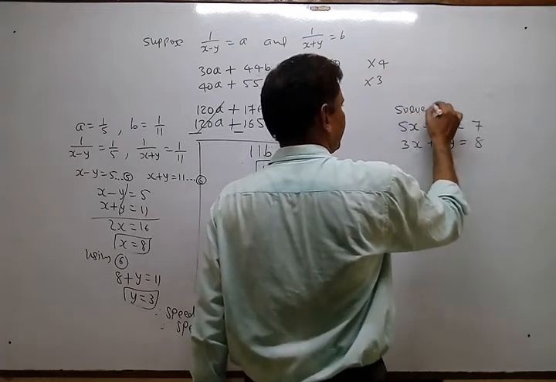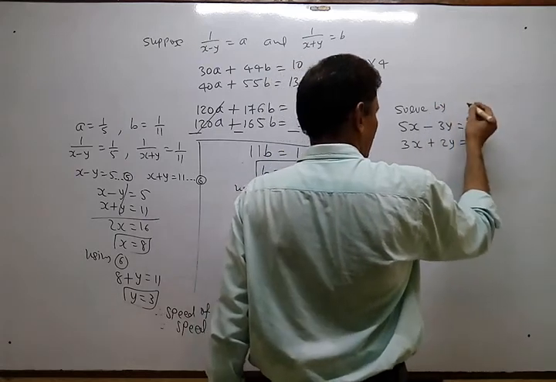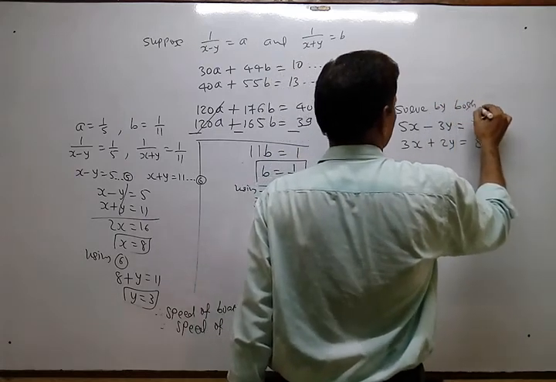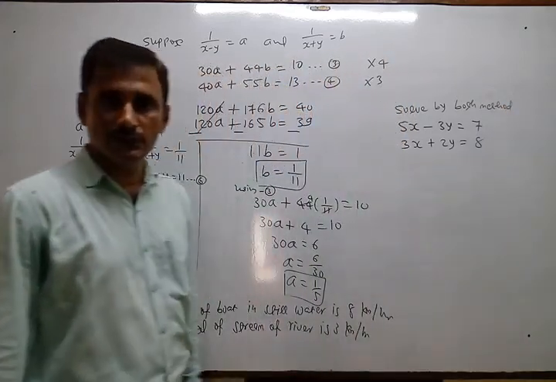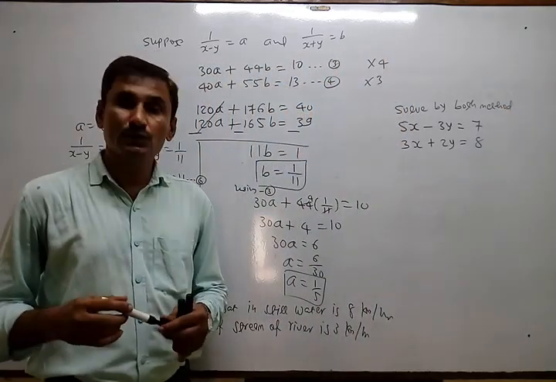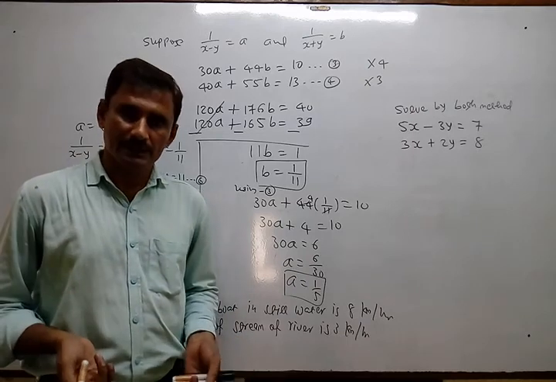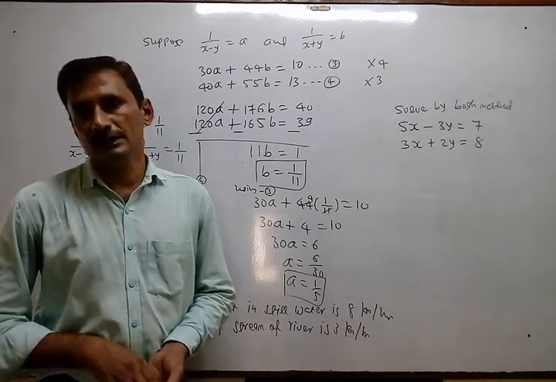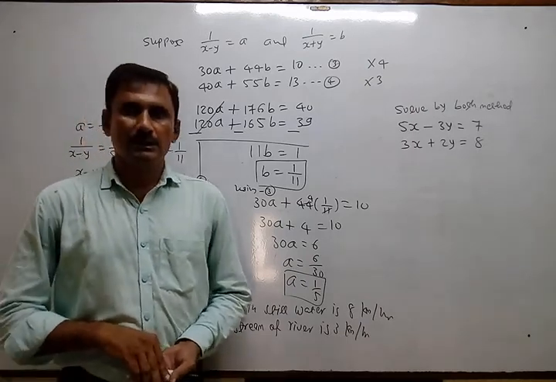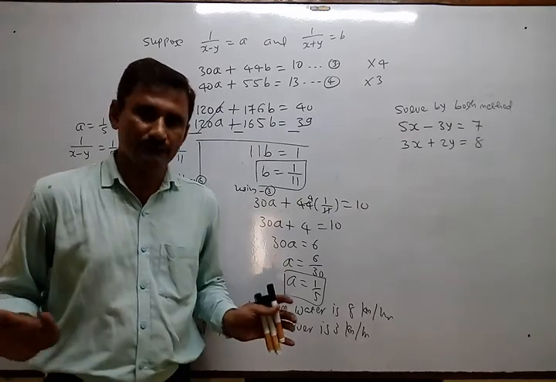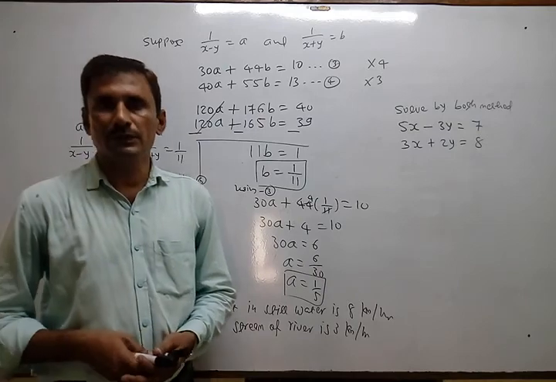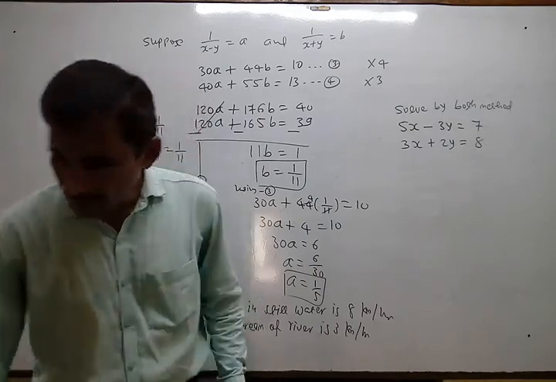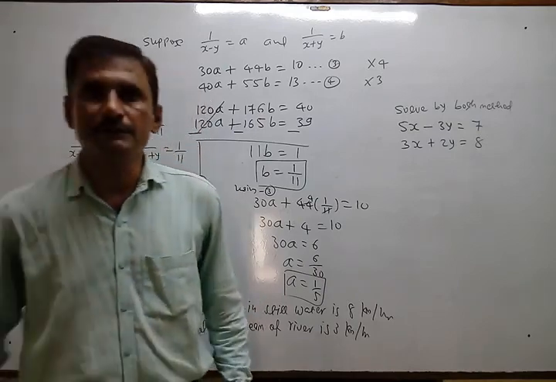Solve by both methods. Both methods you know. So far we studied substitution and elimination. Okay. So only one sum is given, but you have to solve it by both methods, substitution as well as elimination. No graphical, no cross multiplication. Okay. So only this sum you have to solve today. And from tomorrow we will solve objective questions from the worksheet.